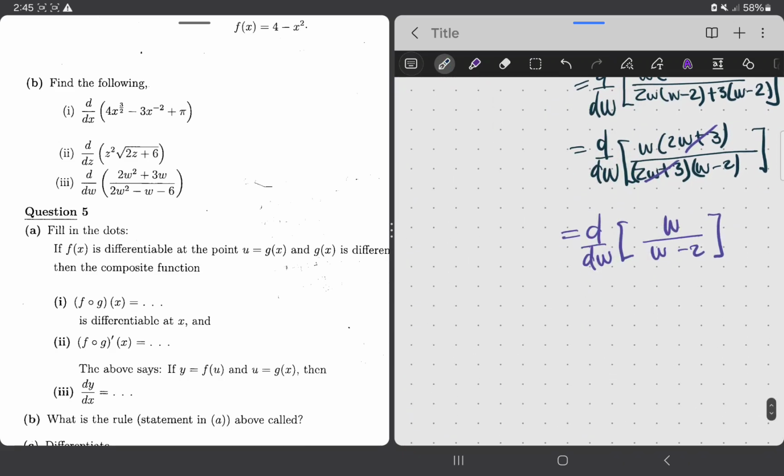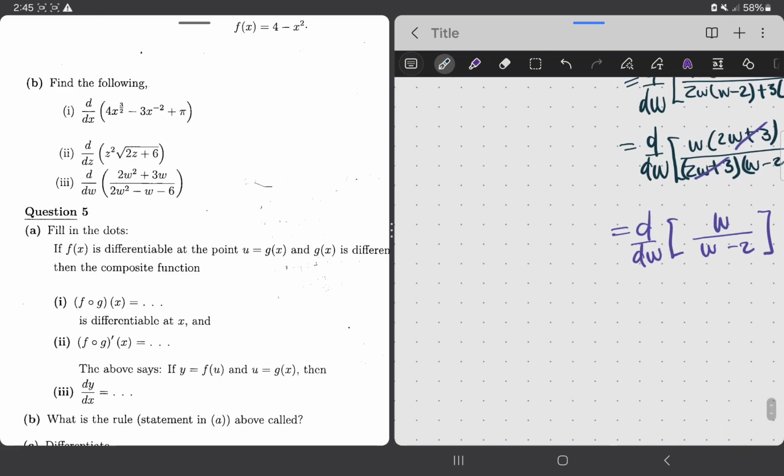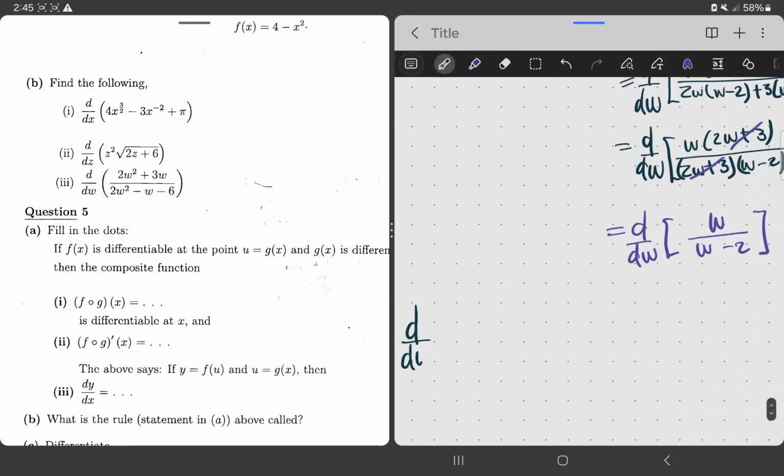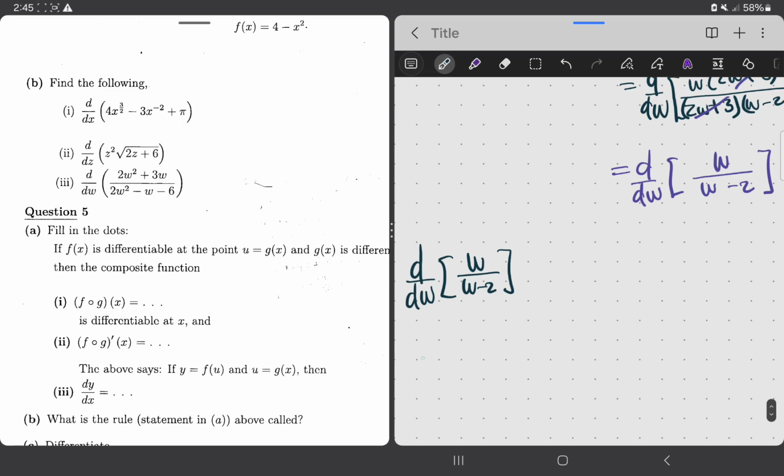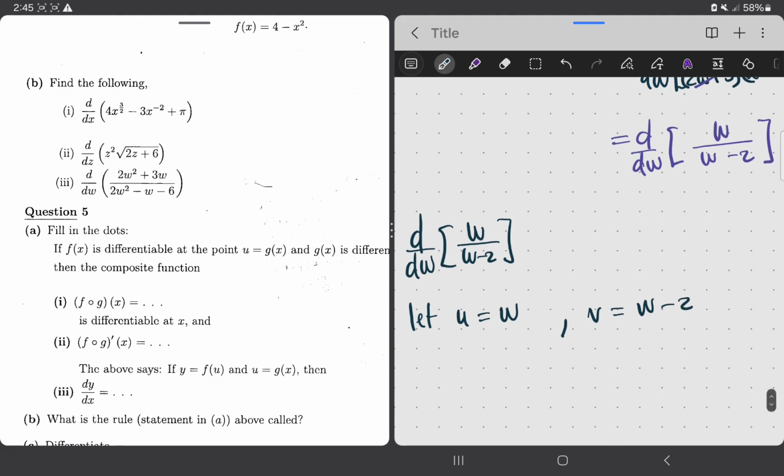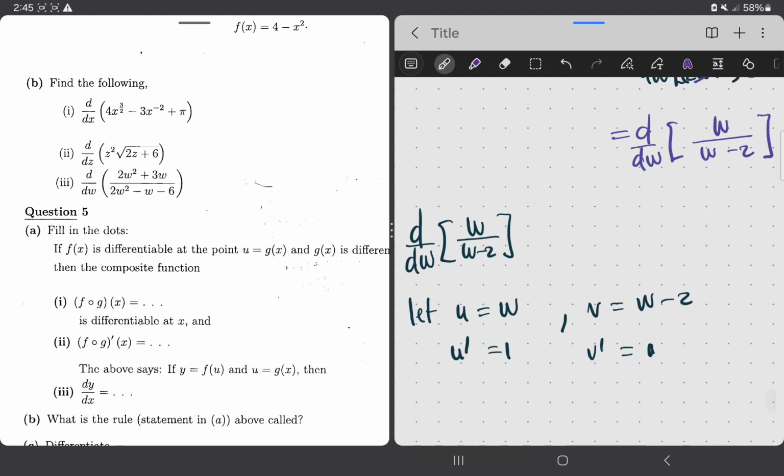Wow, this is fantastic. So now we have d/dw of w over w minus 2. You can say let u be equal to w and v be equal to w minus 2. u prime is 1 and v prime, the derivative of w minus 2, is 1.